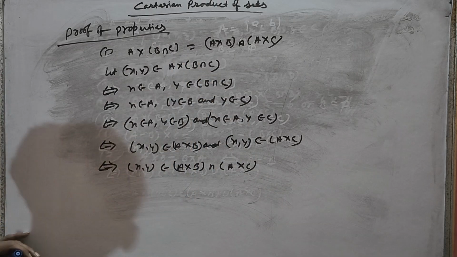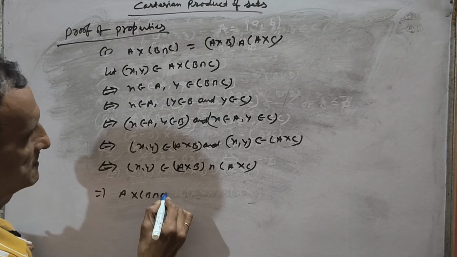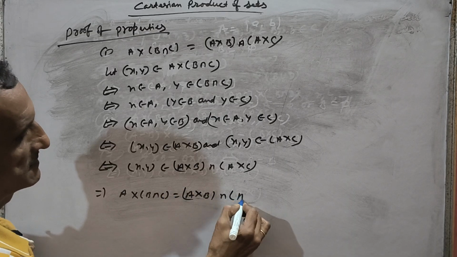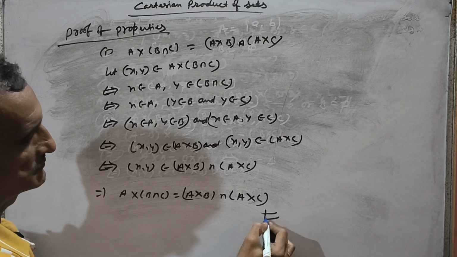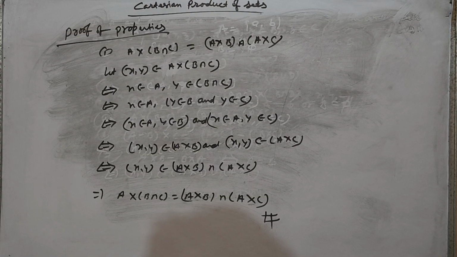So what we have got here? A cross (B intersection C) equal to (A cross B) intersection (A cross C). That's the proof.